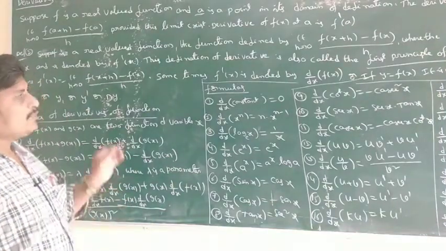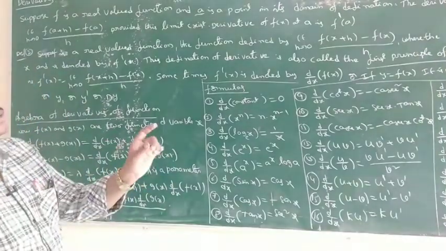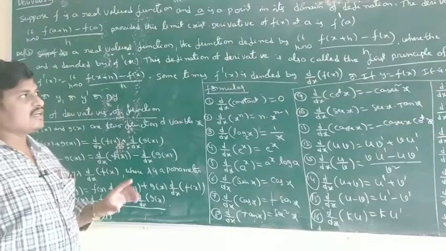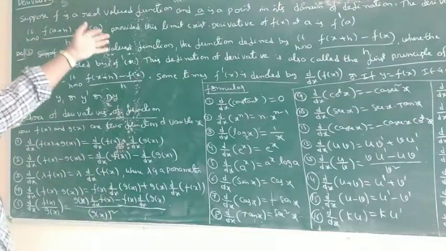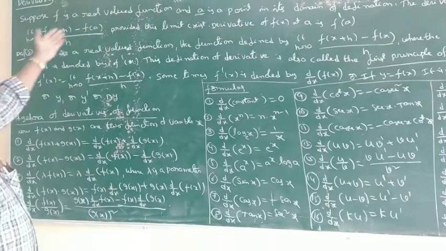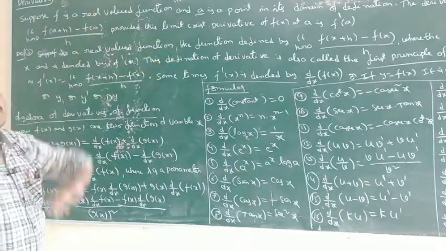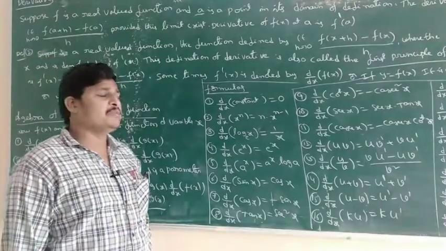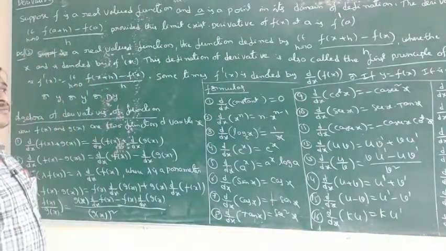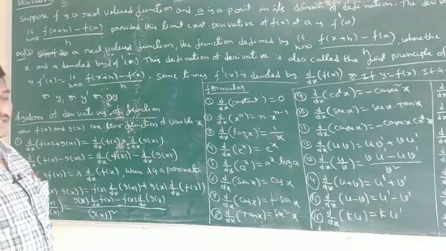So compulsorily, limit exists means that value is a defined value. Here also, for the derivative to exist, the limit value should be defined, and values like 0/0 or infinity should not come.